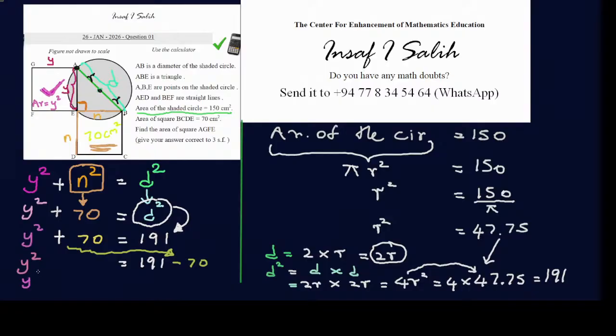We get y squared is equal to 121. The area of the square that I'm coloring now is y squared, which is 121. So the area of AGFE is y times y, that is 121 square centimeters.